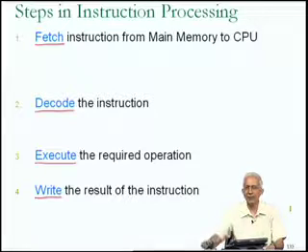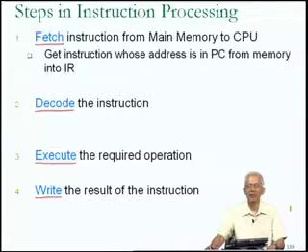Now we could look at the sub-steps involved in each of these main steps. There are these four main steps: fetch, decode, execute, and write. Now what are the sub-steps? As far as fetch is concerned, it's fairly clear that in order to get the instruction out of memory, the processor must identify to memory which instruction it is interested in.